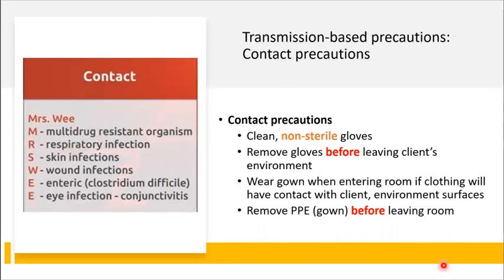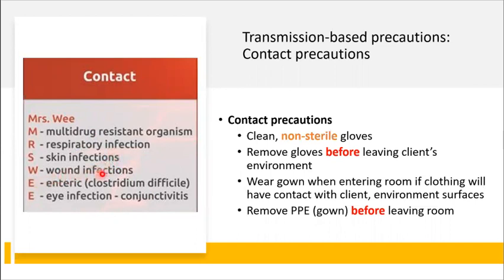R would be our respiratory infection like your respiratory syncytial virus. S would be for skin infections like our herpes simplex, like your herpes zoster or scabies or pediculosis. So those would be your skin infections that will be requiring contact precaution.